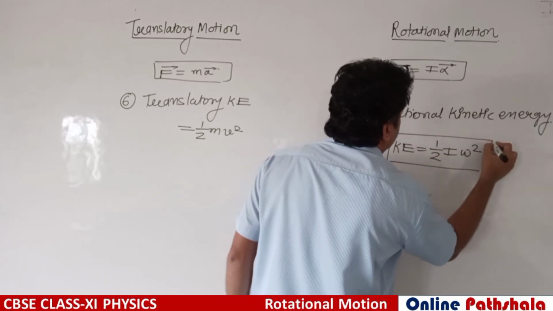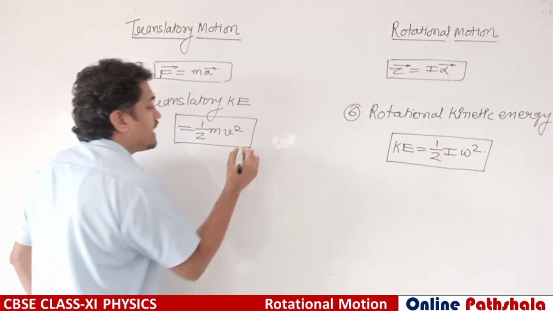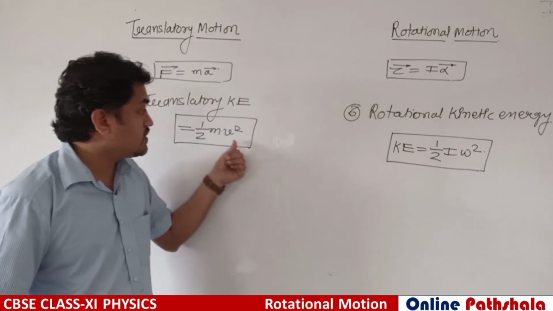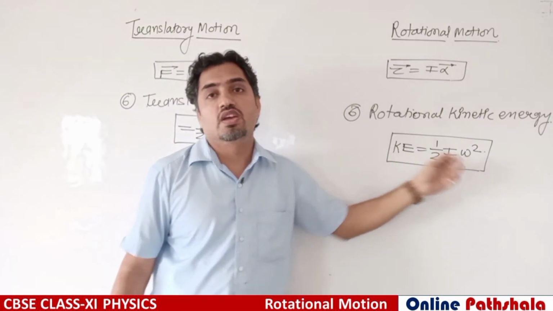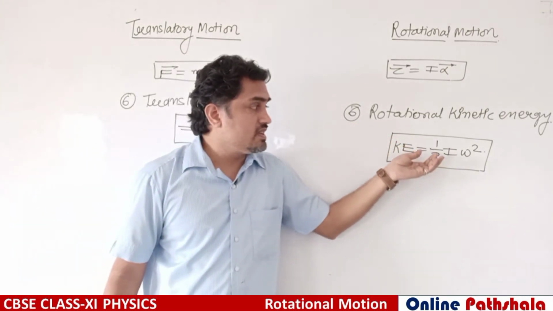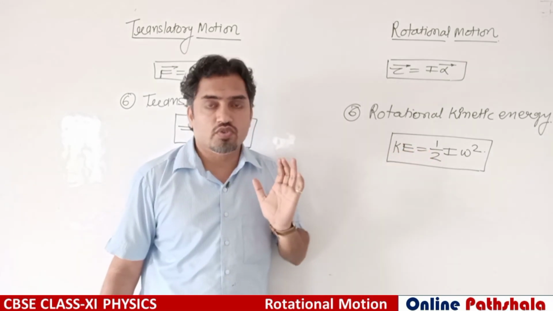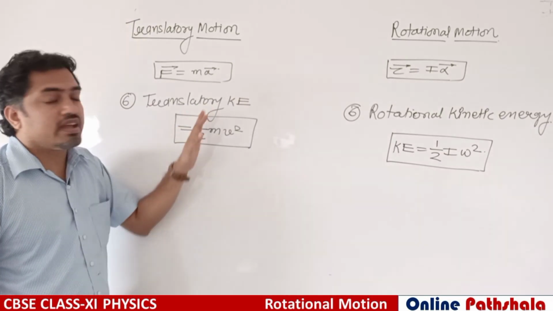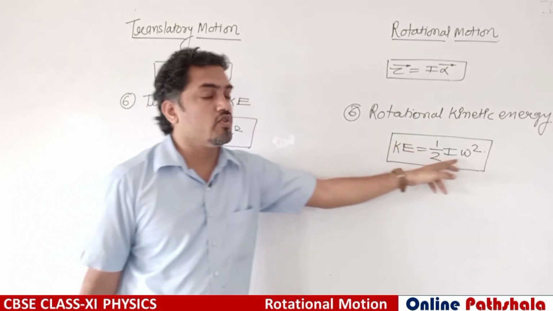Very simply you can understand: as we are using mass, we have to use moment of inertia, and as we are using linear velocity, we have to use angular velocity. So we can memorize the formula for rotational kinetic energy very easily, as we know translatory kinetic energy is half mv square, same as it is half I omega square.